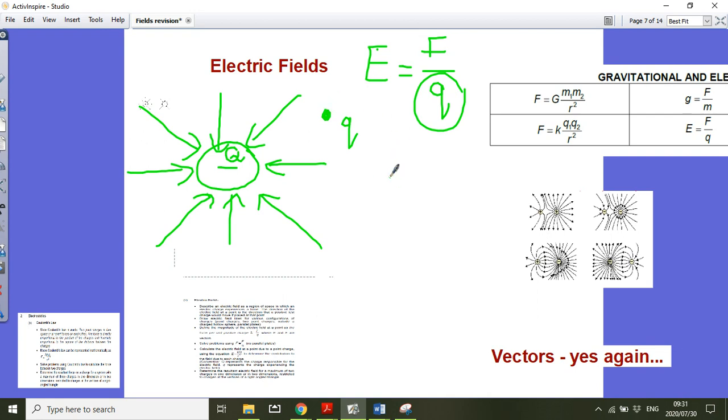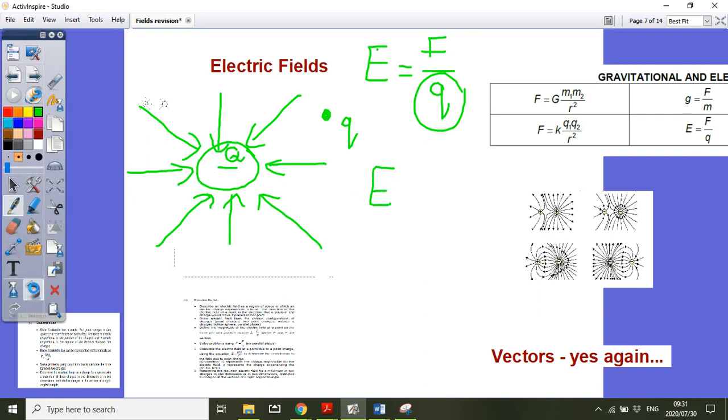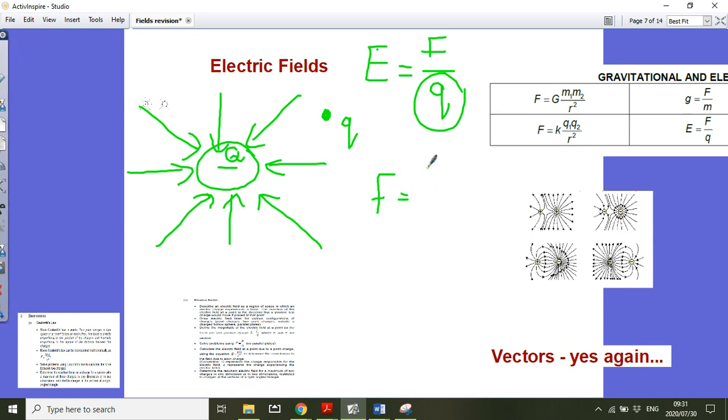But again, we have our whole equation that says the force between two charged objects is equal to kQQ over r squared. So if it's those two charges, that's why I'm using the Q's like that. And you can see now I can go and change this equation around again.